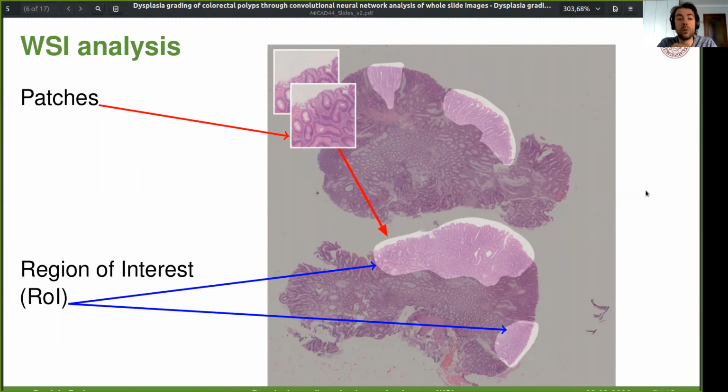We know that working with neural networks, it is infeasible to feed them with high resolution images. So we developed our pipeline to work with patches, small crops of the relevant tissue, and we train on that.